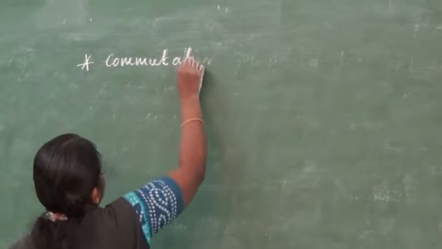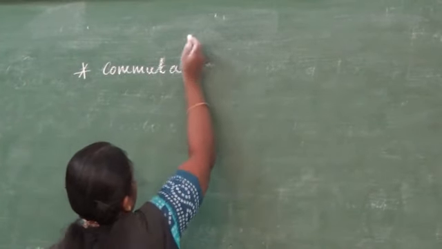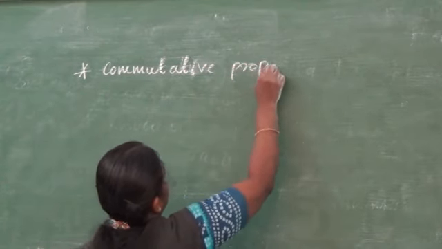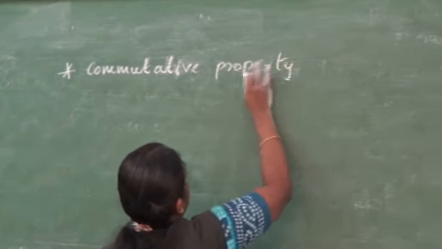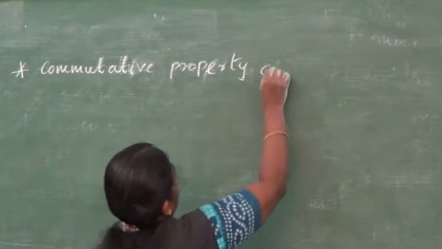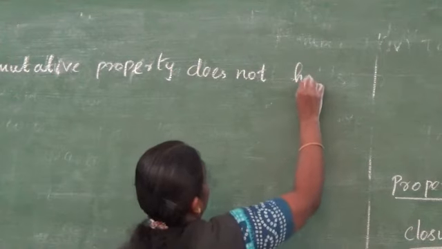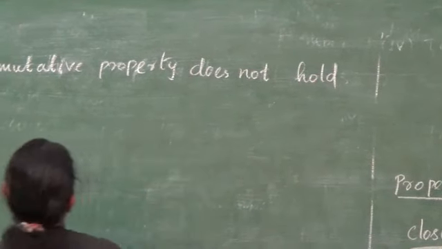Commutative property does not hold for subtraction.